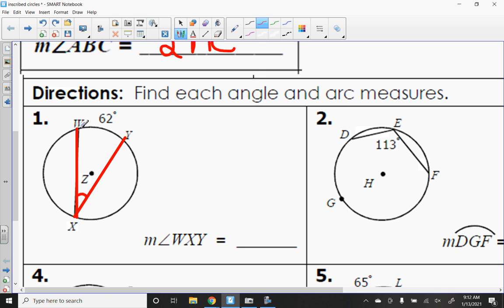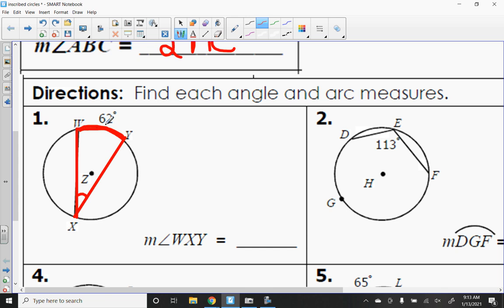How you find it is you find its arc. So its arc, the arc measure, not length, the arc measure is on the edge of the circle. So it's 62. The math is the angle is half of its arc.